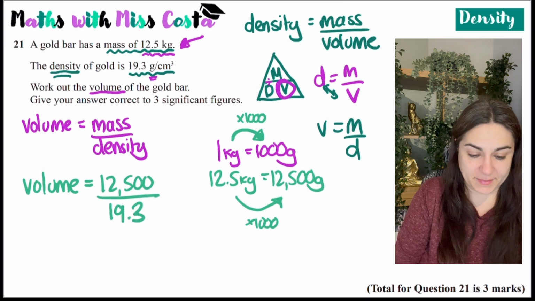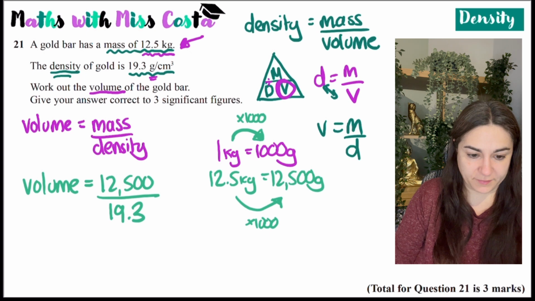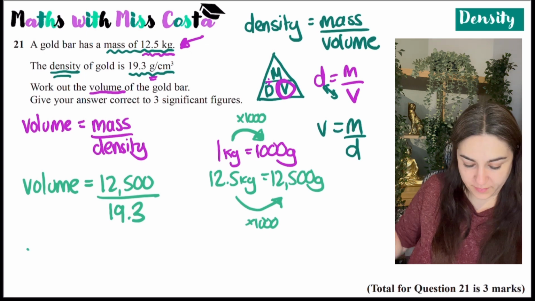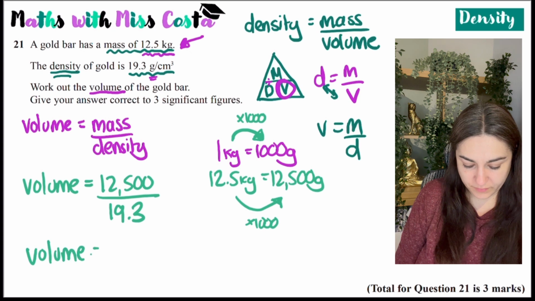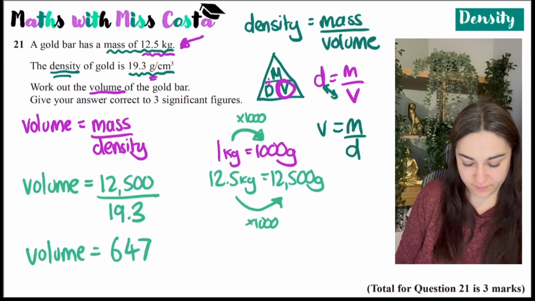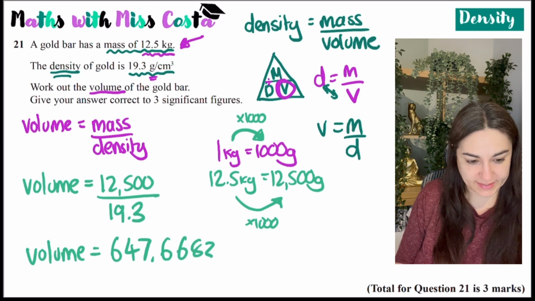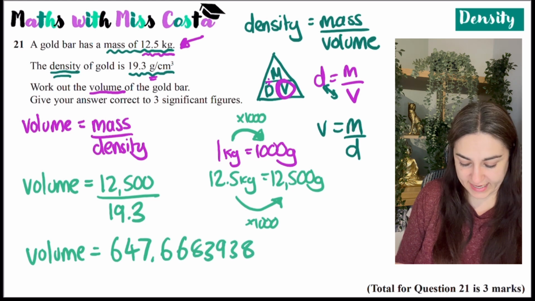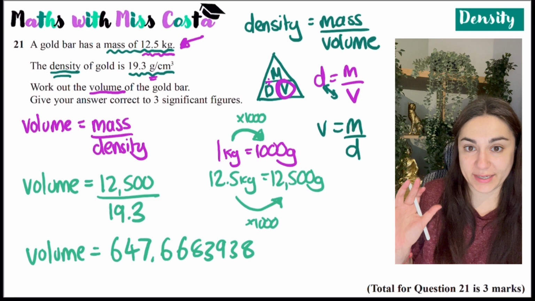So I type that into my calculator, 12,500 divided by 19.3, and I end up with a volume of 647.6683938, and it said round to 3 significant figures.